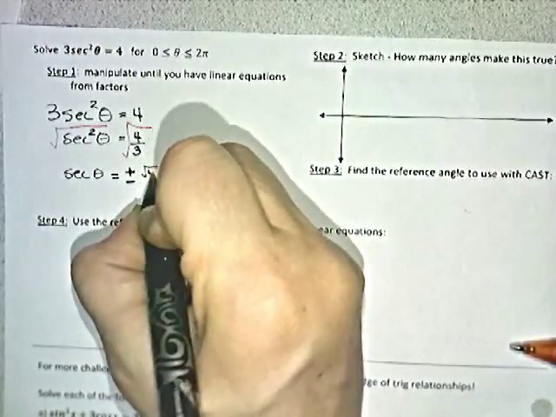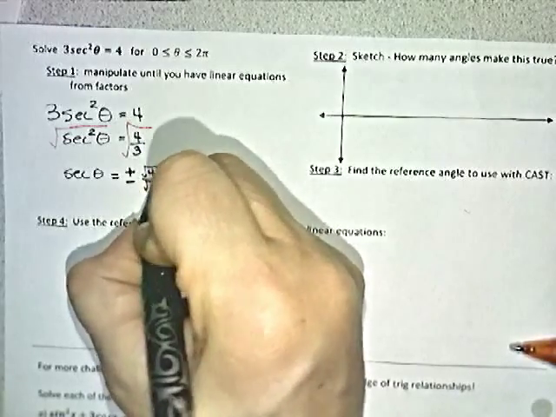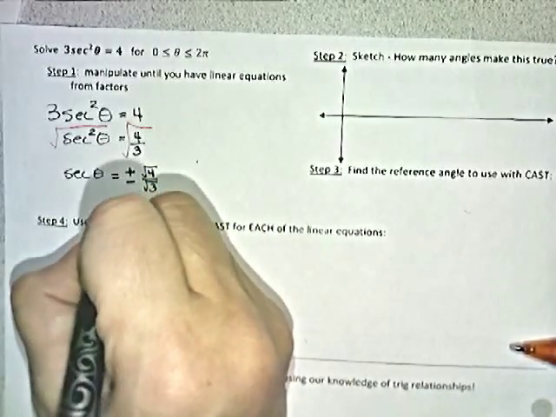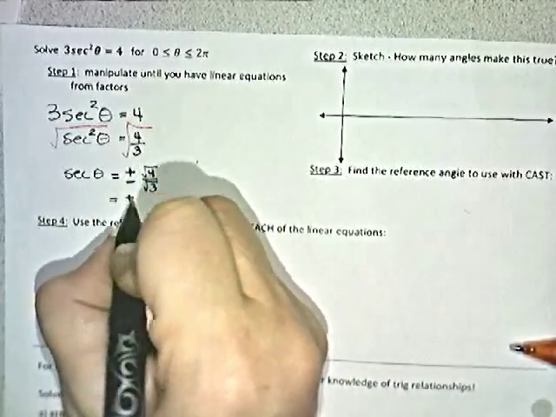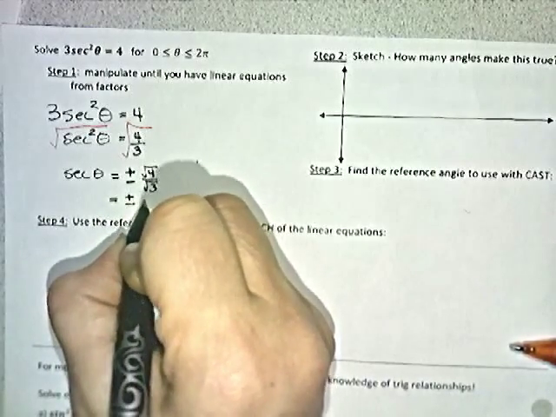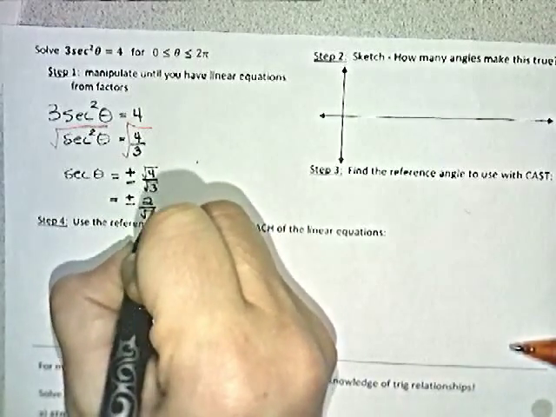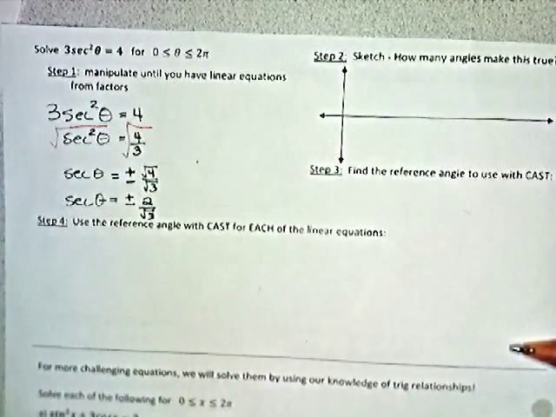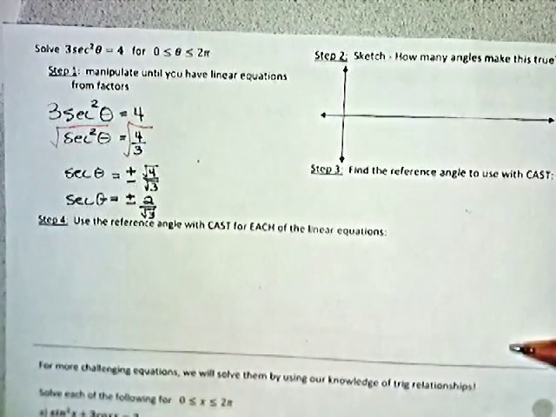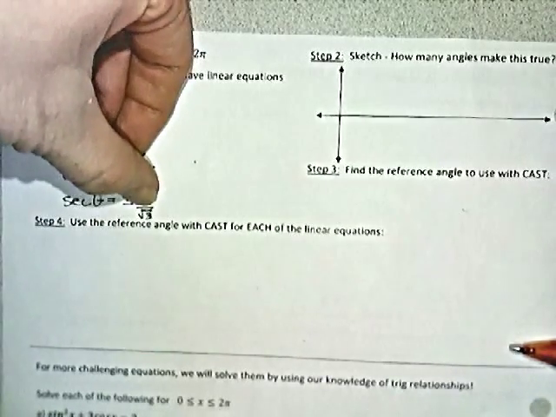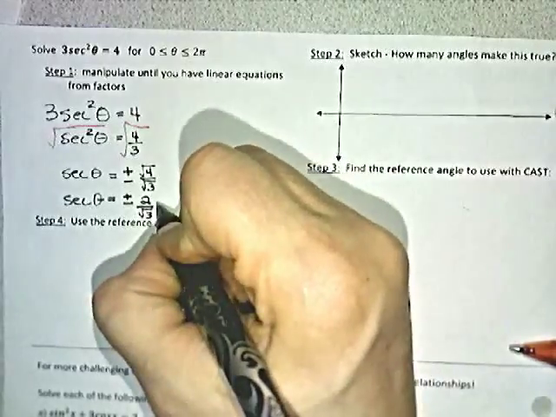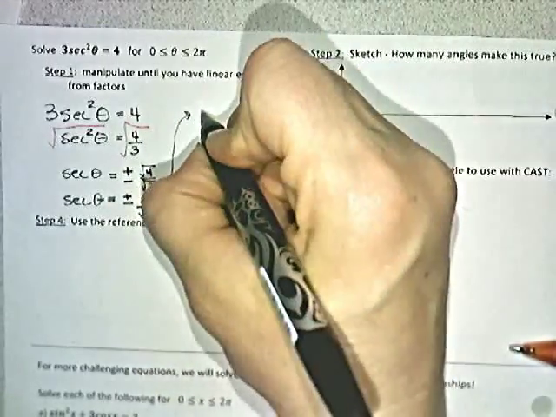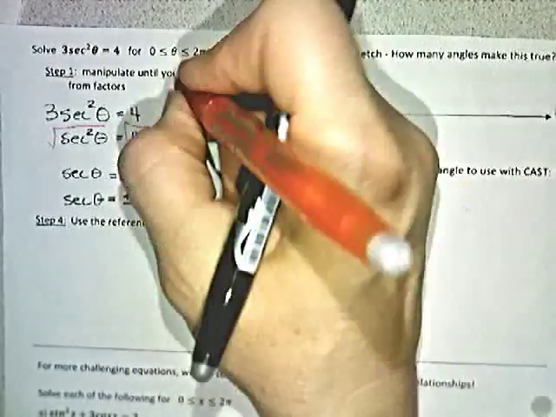Now I'm just going to break this up into 2 square roots because we can get a nice answer out of the square root of 4. So we are looking for the positive and negative values of 2 over root 3, being the secant ratio for theta. Now we know that secant is just upside down cosine. Secant compares the hypotenuse to the adjacent. And so we have created 2 linear trig equations.